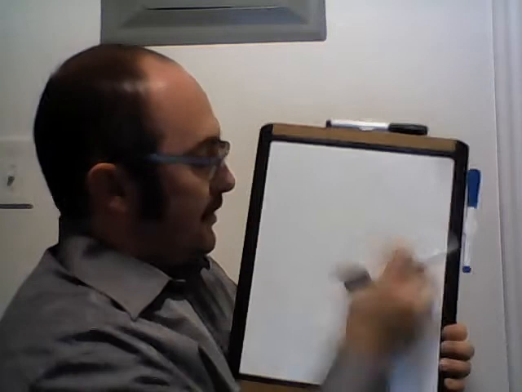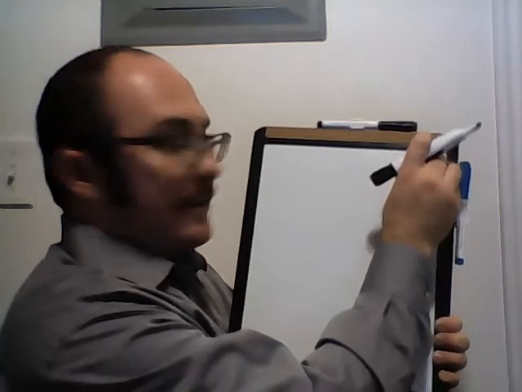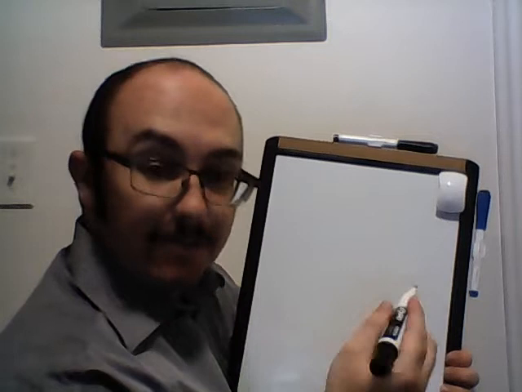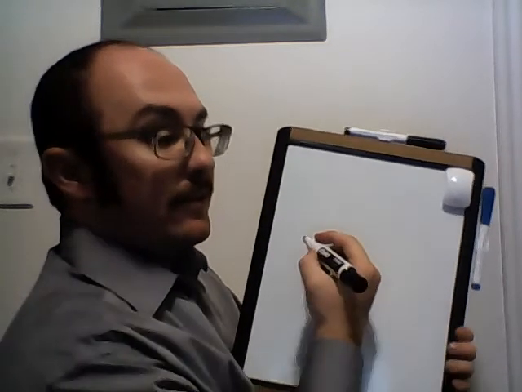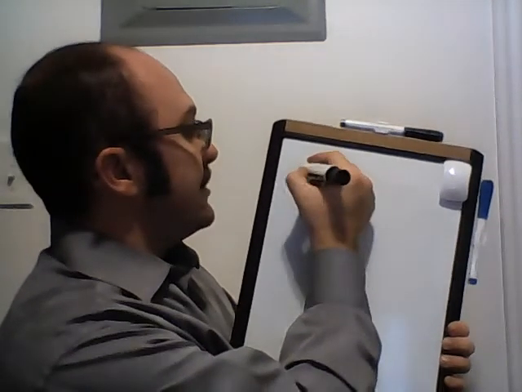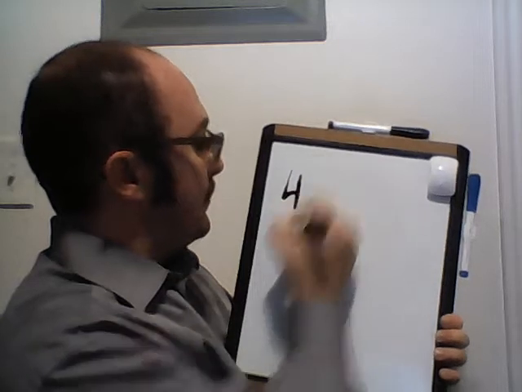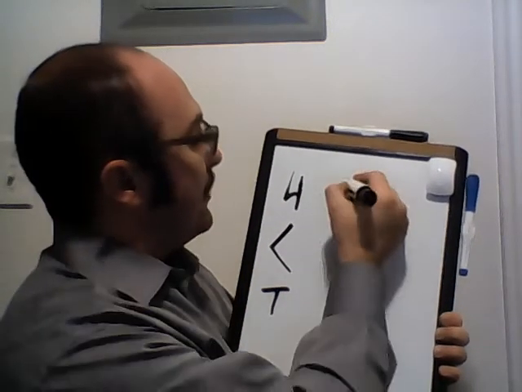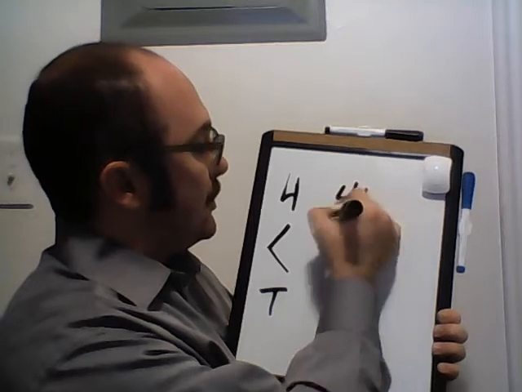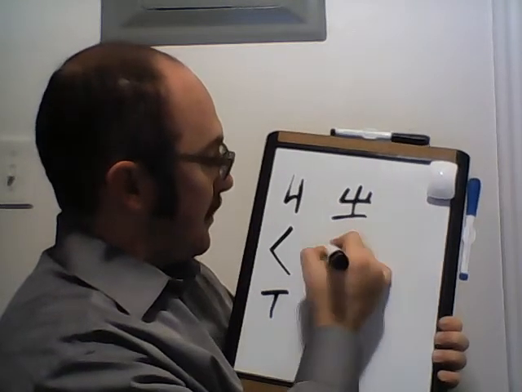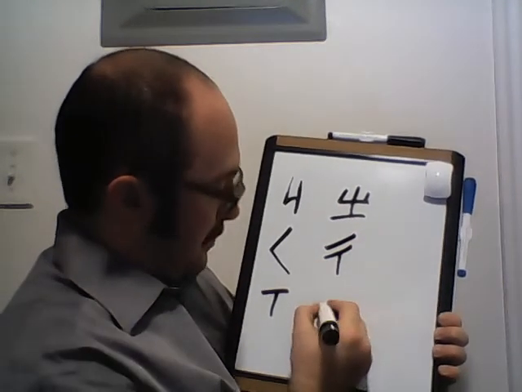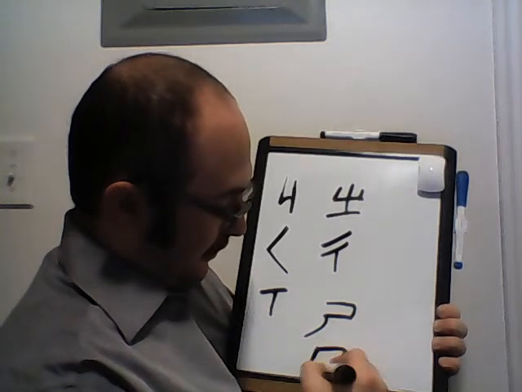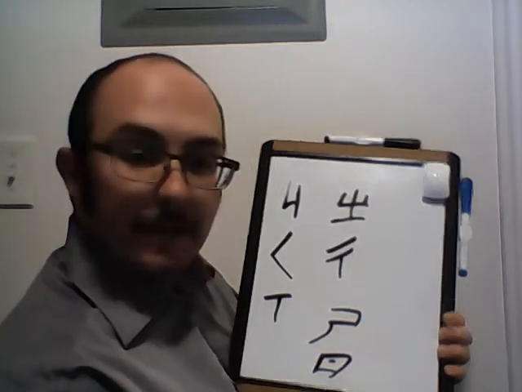So let's go over these 7 initials that we've covered in the previous video and in this video, real quick as a review. So we have ji, qi, and shi. Then we have zhi, shi, shi, and zhi.